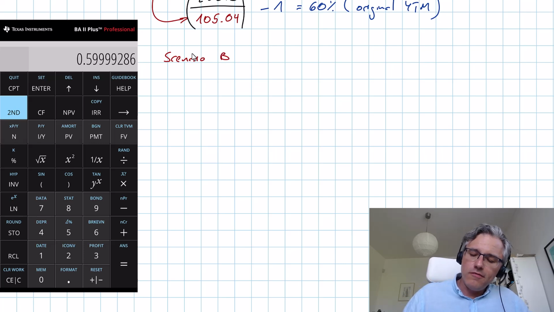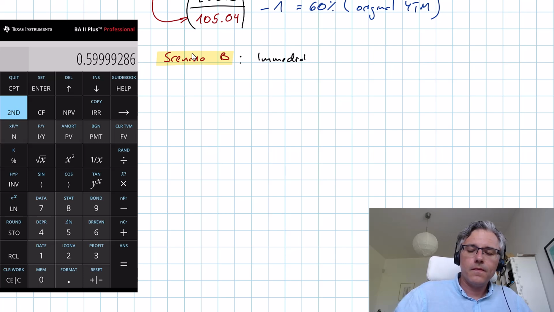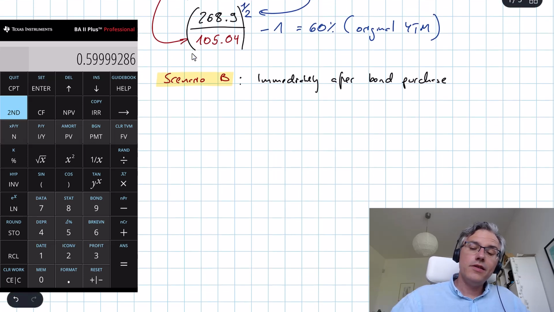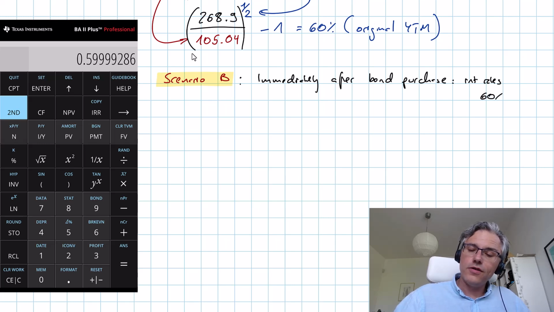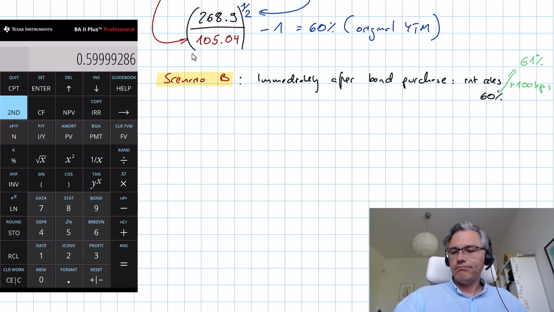I'm going to call it scenario B, in which I will assume that immediately after the bond purchase, and definitely before the first coupon is received, interest rates in the market go from that original 60%, the YTM on the bond, up by just 100 basis points to 61%. 100 basis points is basically 1 percentage point.